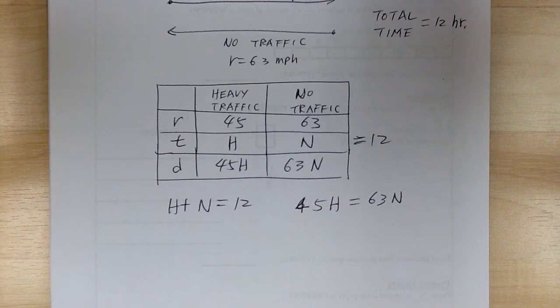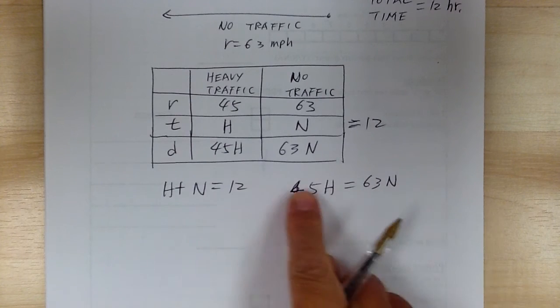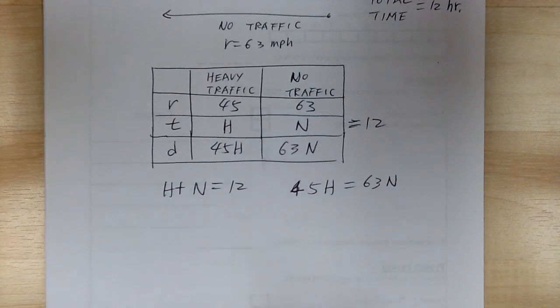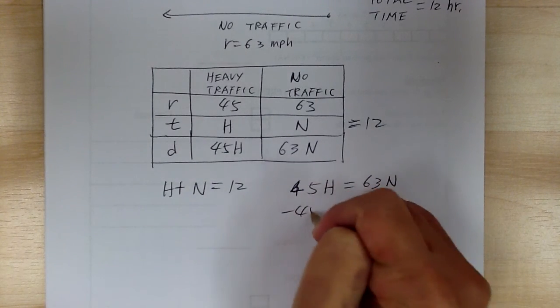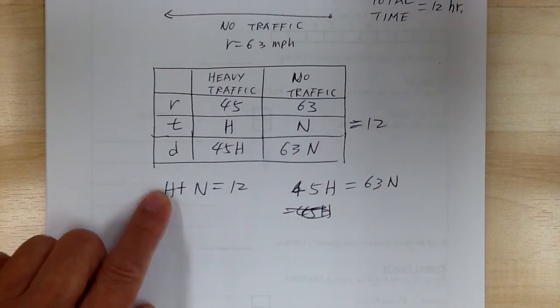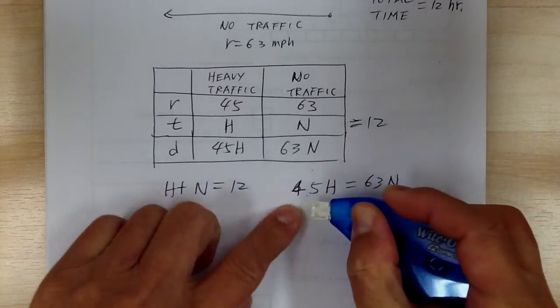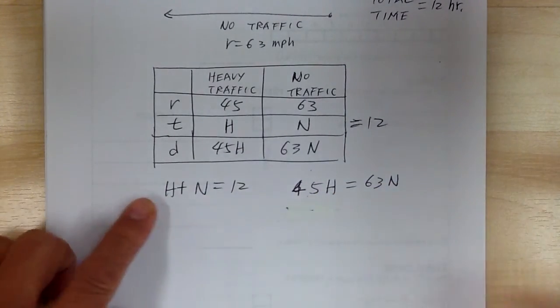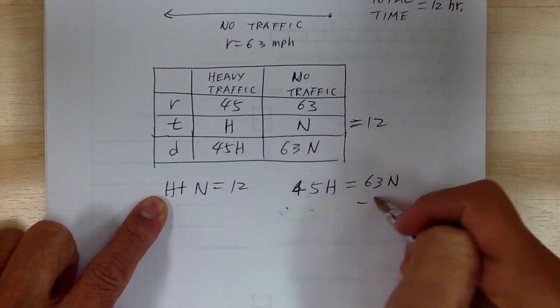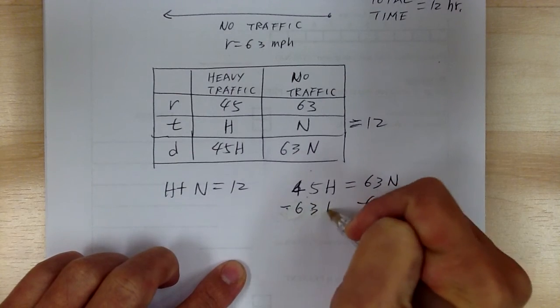And so what I'm going to do is I'm going to use elimination method. So I'm going to move this to this side and flip over. You know what? Let's not do that because h is first. Let's follow this. So I'm going to minus 63n.